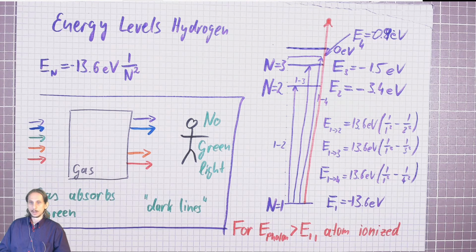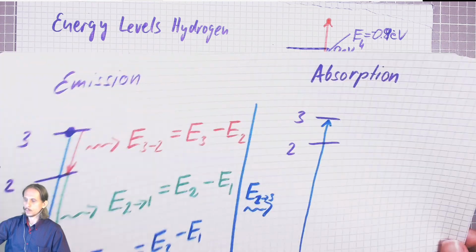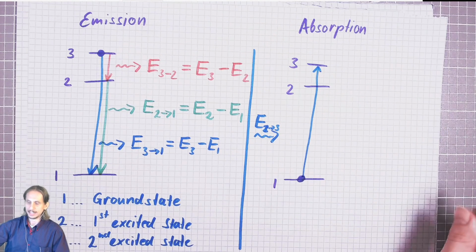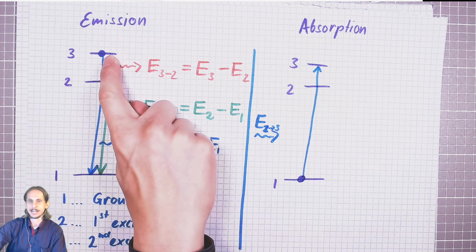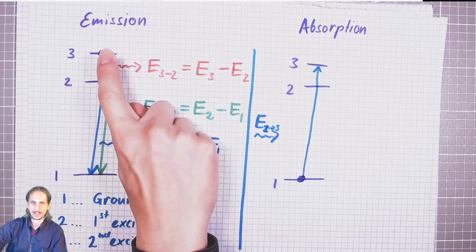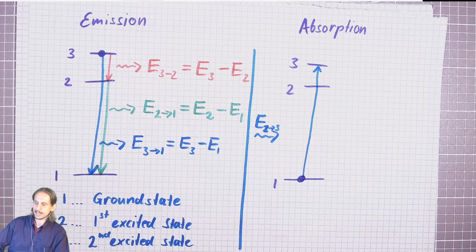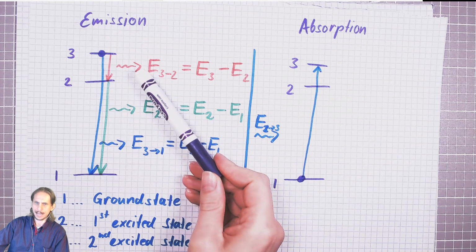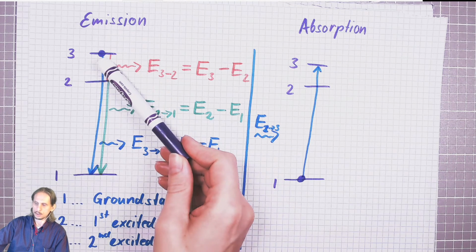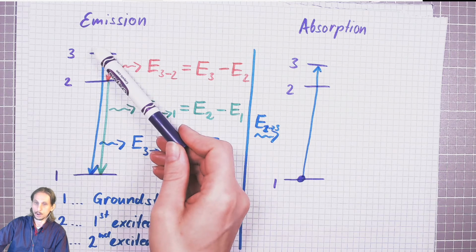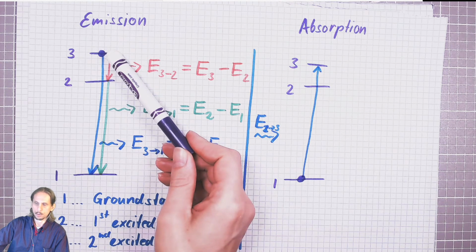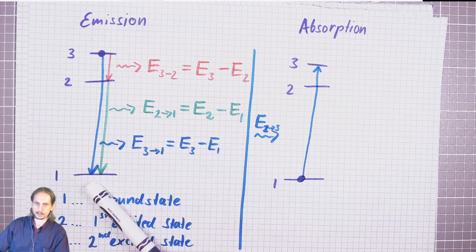If we want to figure out what kind of light gets emitted by an atom, we need to know the initial state of the electron, and then the light that gets emitted by the atom corresponds to all of these energies, which take us from the excited state to the ground state.